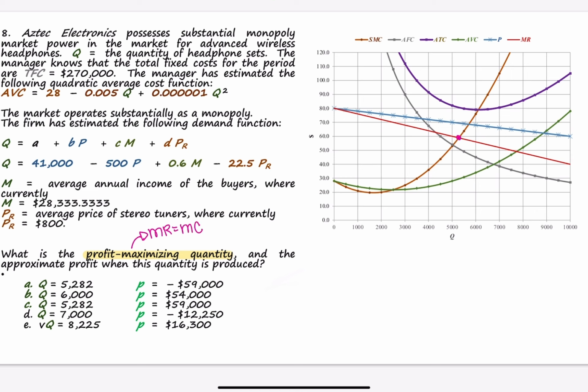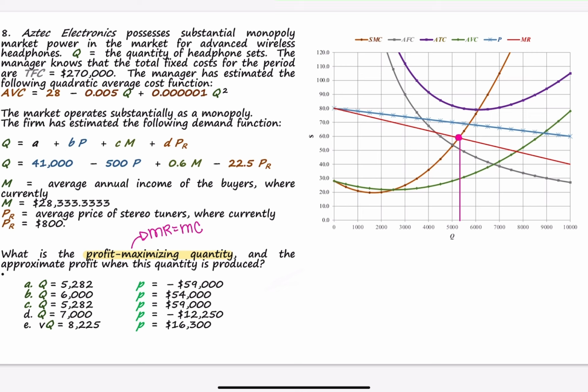So we're looking at this point right here in hot pink. We're going to go down and we're just going to look at roughly where we're at. We're slightly above 5,000, below 6,000, closer to 5 than 6.